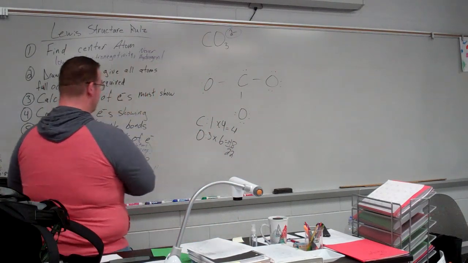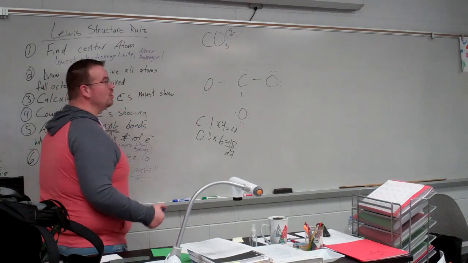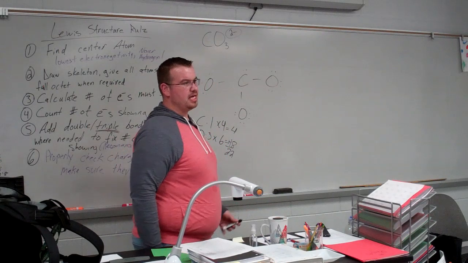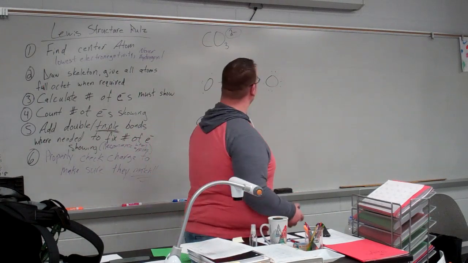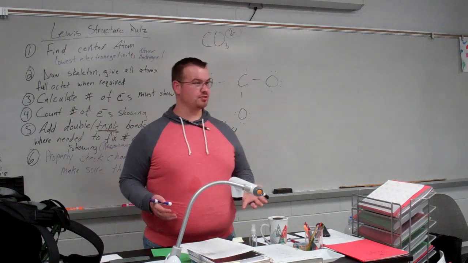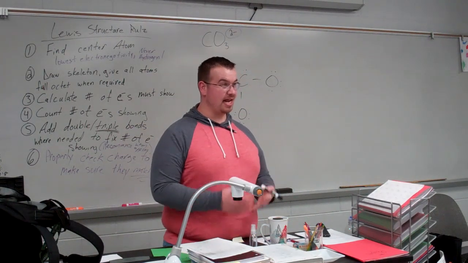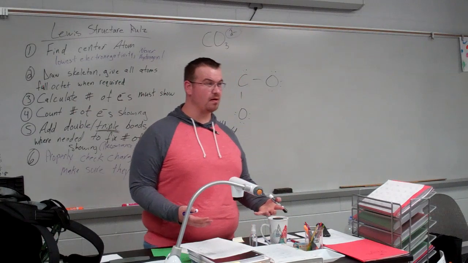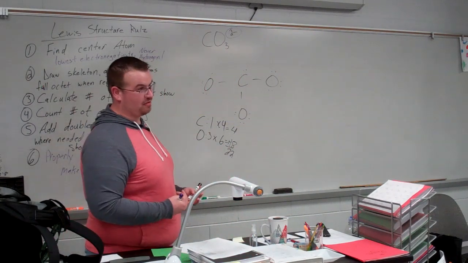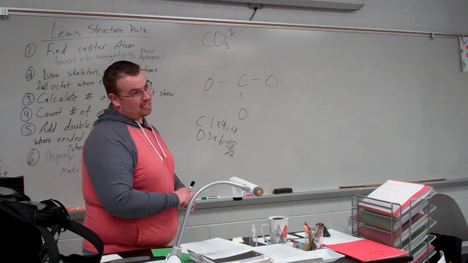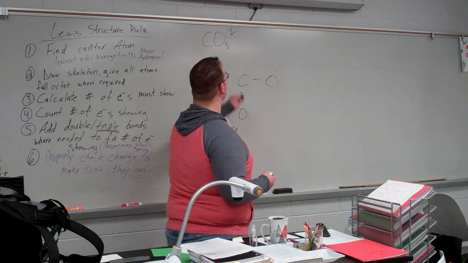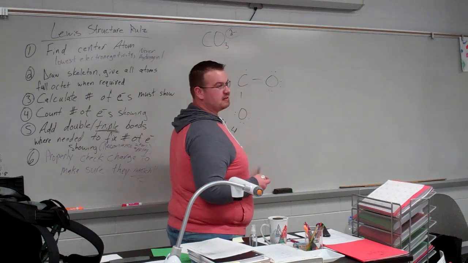This spot right here. You look whether you have gained or lost electrons. The charge will tell you. It's negative. What are electrons? They are negatively charged subatomic particles. So if I have more negative charge, I've gained electrons. So you add to it.